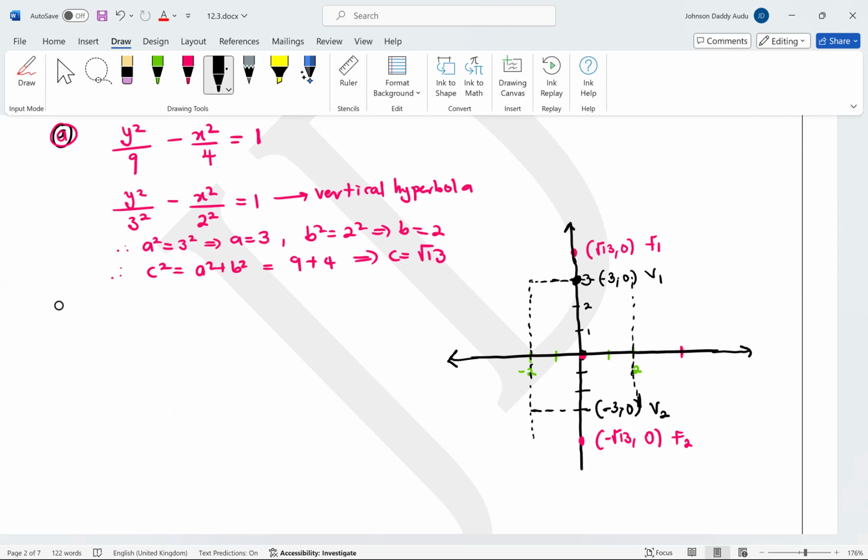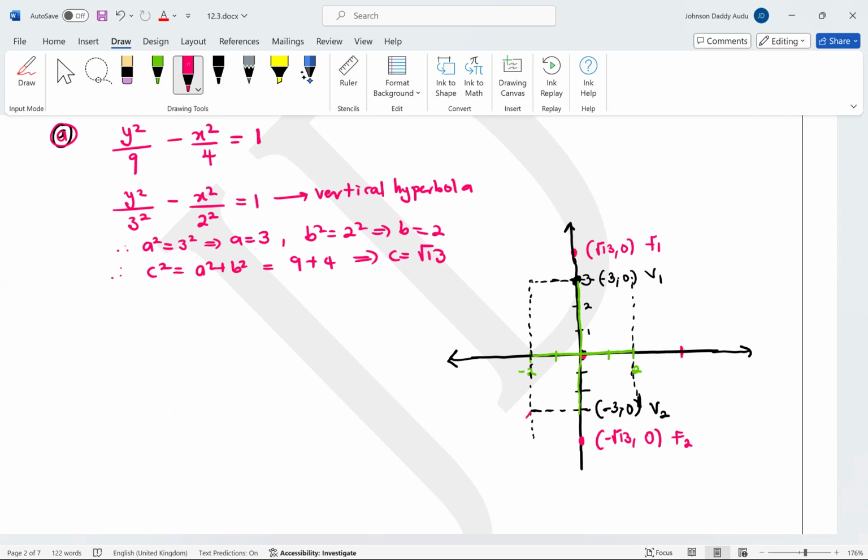You just simply go a distance of the vertex to the up, and also a distance of what? The transverse. So now this is our conjugate. Don't forget, this is the length of the conjugate axis. And this is what? The length of the transverse what? Axis.